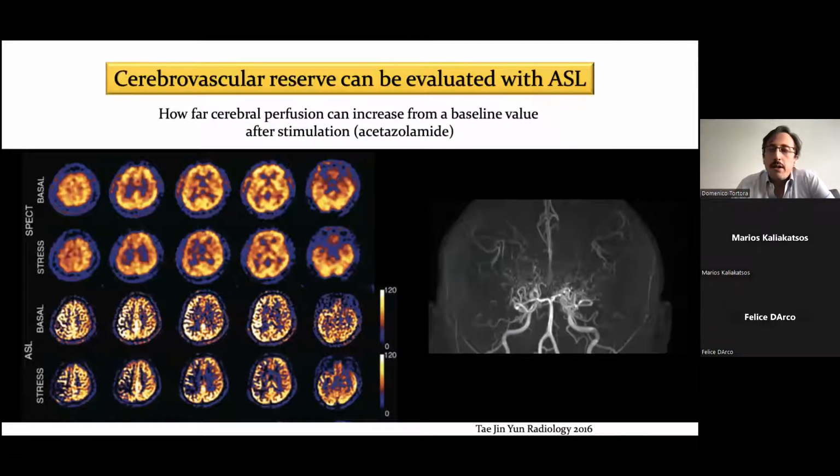In patients with congenital vasculopathy, a possible treatment and therapeutic solution could be surgical revascularization. And in some cases, the neurosurgeon asks for the evaluation of cerebrovascular reserve. The gold standard for the evaluation of cerebrovascular reserve is still considered the nuclear medicine technique, SPECT perfusion, evaluated before and after the injection of acetazolamide.